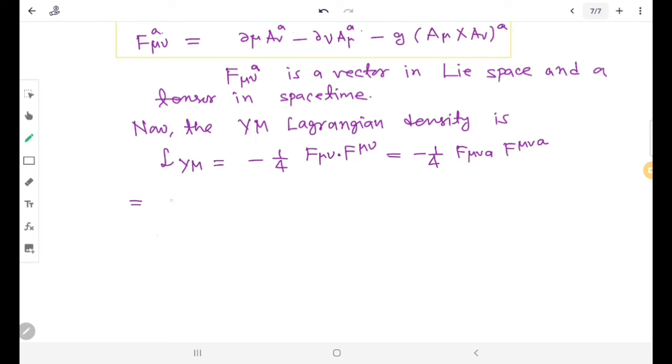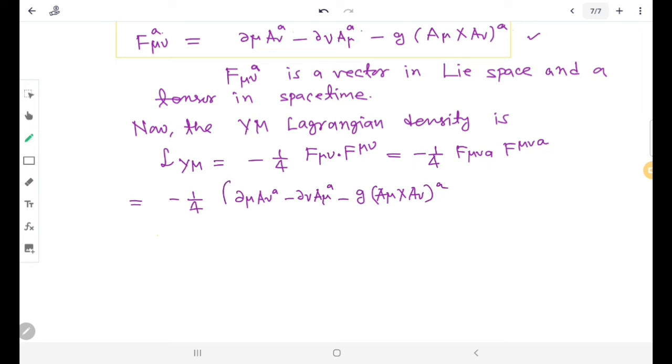So the minus 1/4 factor is there. So F mu nu A we can expand from here. This will be partial mu A nu A minus partial nu A mu A, and then minus g A mu cross A nu A. This is what we have.